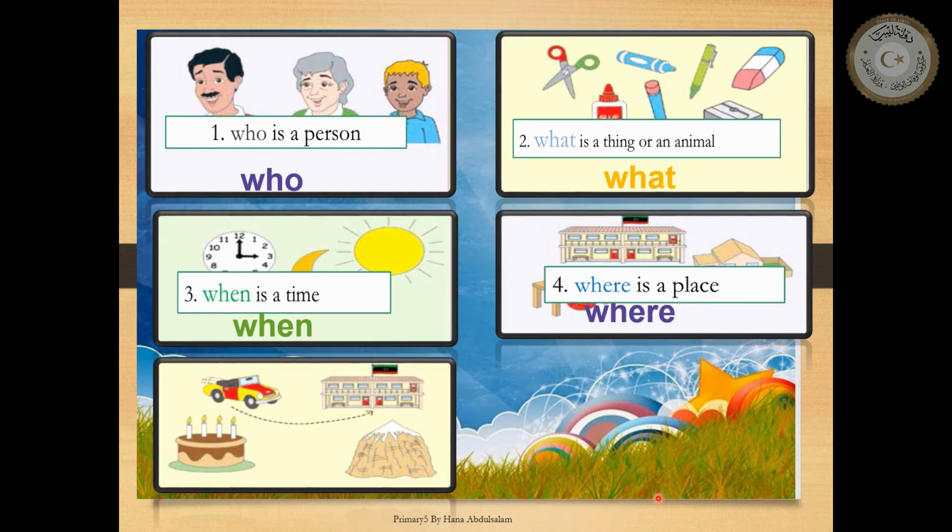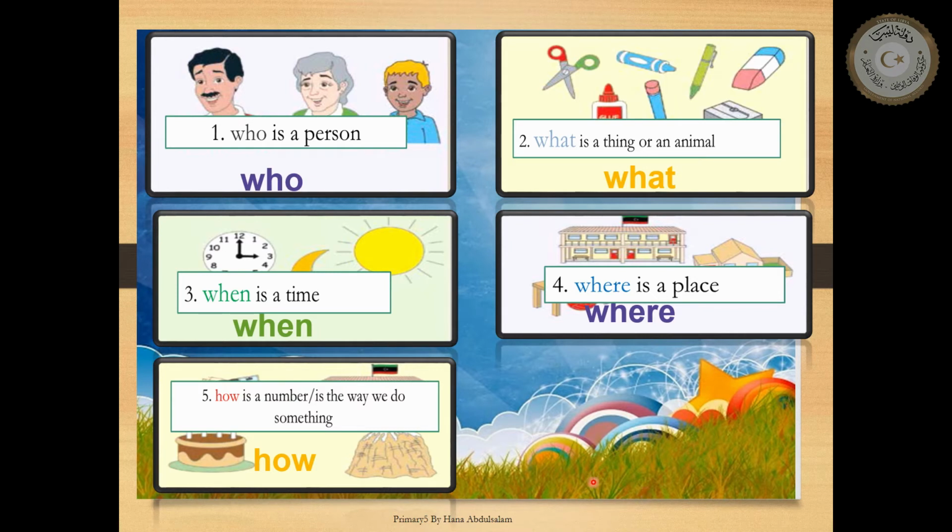We use how. Look at this: a car and a school. How do you go to school? So how is a number, and how is the way we do something.